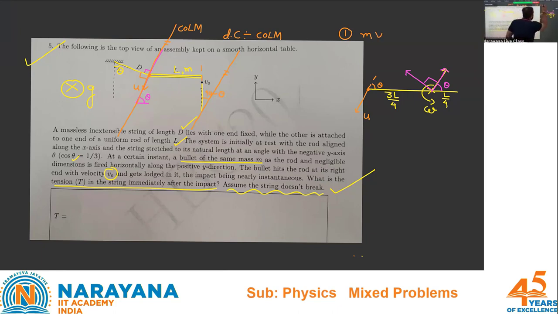So I have m v naught sine theta in the linear momentum just before the impact. And just after, because of the center of mass velocity, I have taken this velocity as some final velocity perpendicular to the string. So I could have written this term as 2m vf perpendicular. Check this.